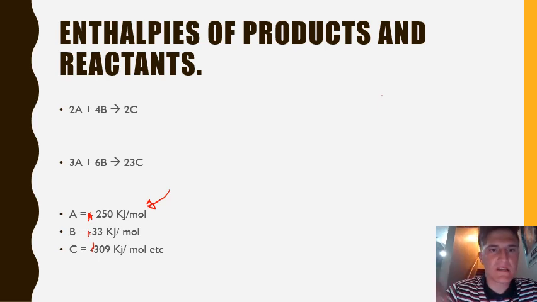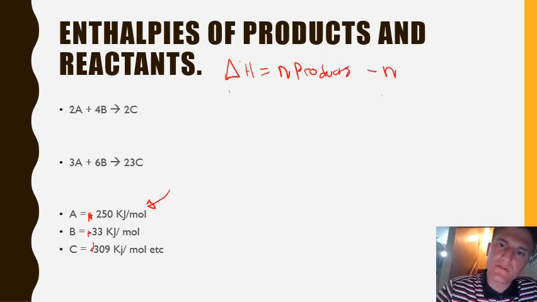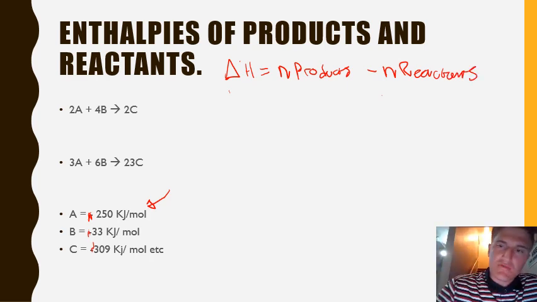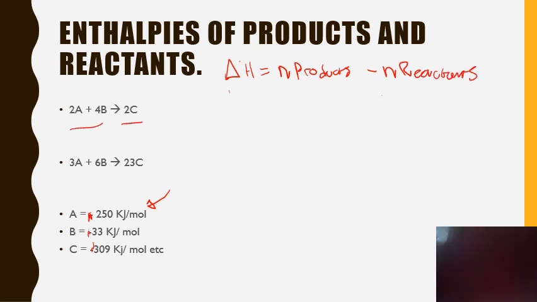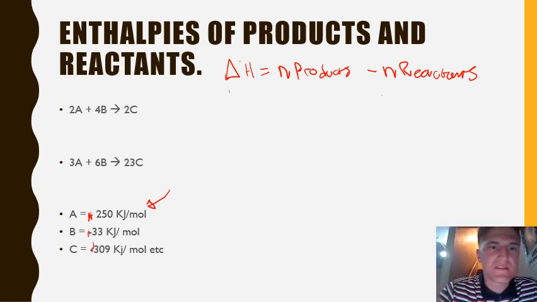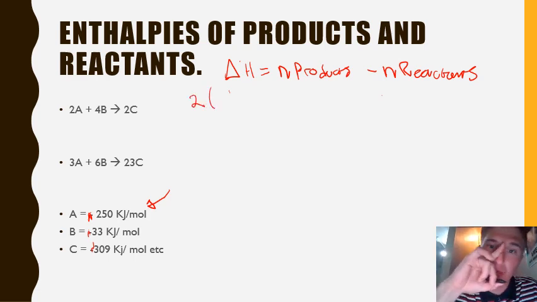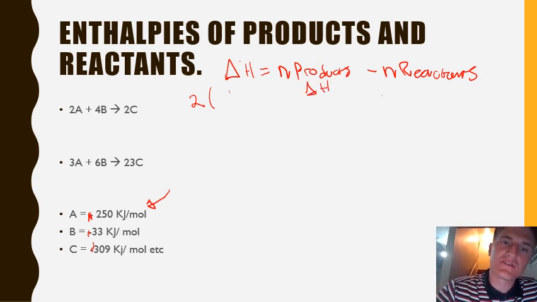Let's put it up here so we don't forget, delta H is equal to n number of moles times products minus n number of moles times reactants. And let's just recap. These are products and these are reactants. So looking at this first equation, we can see that we have 2C, 2 times, and when I say products, I also mean the delta H of these products.